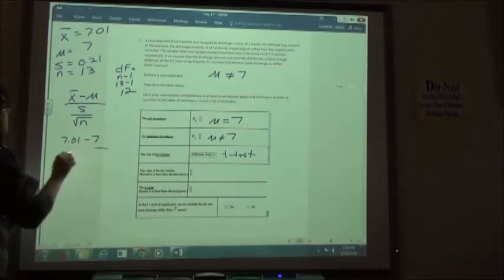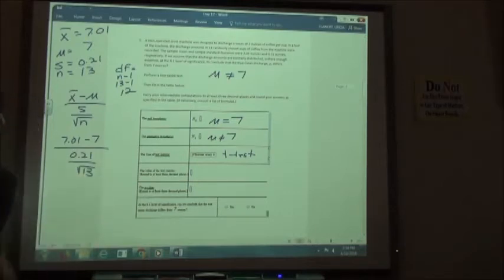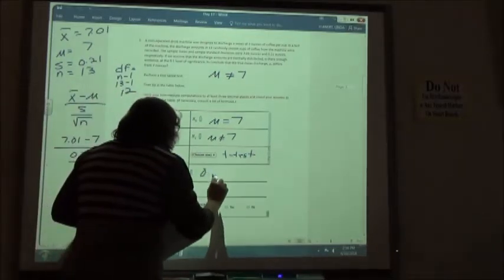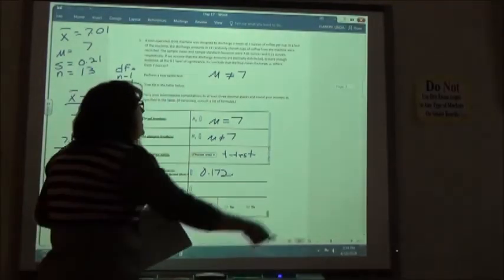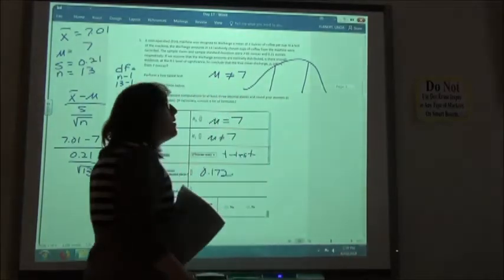7.01 minus 7 over 0.21 divided by the square root of 13. That's what we want to punch in. That gives 0.172. Okay. So when we do this test, we have what's called a two-tailed test.